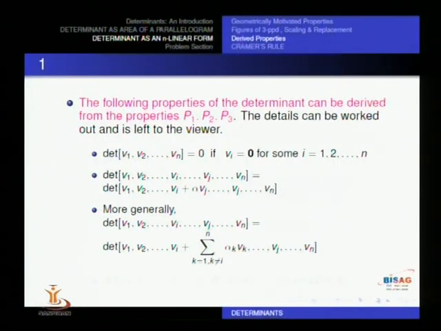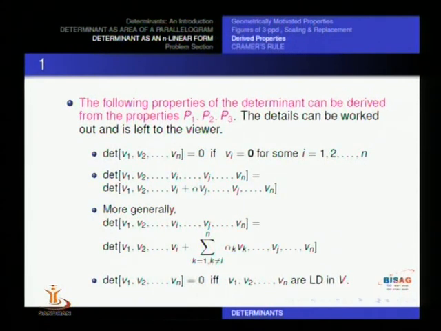That property is also on the screen. Determinant v1, v2, vi, vj, vn is the same as determinant v1, v2, where in the ith column we are adding the multiples of all other columns, that is alpha k vk, k from 1 to n, where k is not equal to i, and so on, vj, vn. Determinant value remains the same.